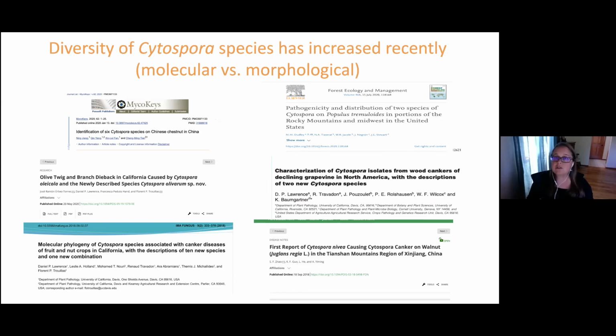One thing that's really interesting about these is that morphologically, they look really similar. And so people were calling the same species across different hosts. But as we start to understand more and do more molecular technologies like DNA sequencing, we're finding out that the diversity of Cytospora is really great. And so there's very few hosts that don't have some sort of Cytospora that can infect them.